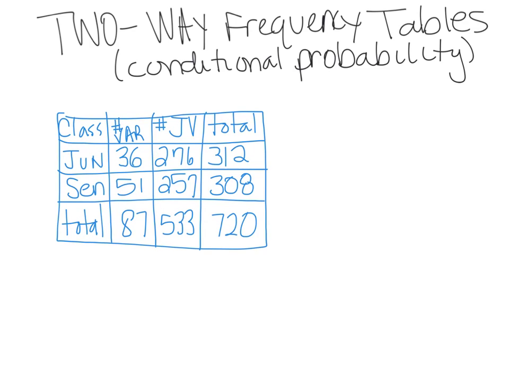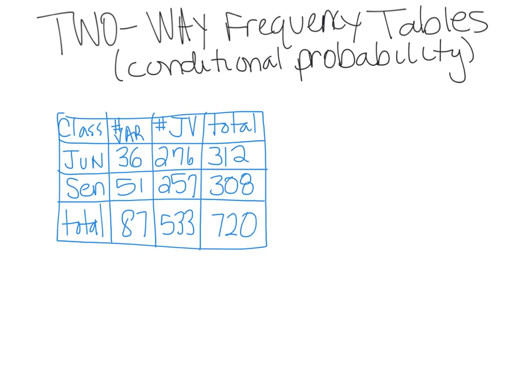So what we've done here is organized our data. You have a group of students who can be divided into juniors and seniors, and you also have that same group of students who could be divided into varsity and JV. So you've got all the different combinations. If you are a junior and you're on a varsity team, there's 36 of you.